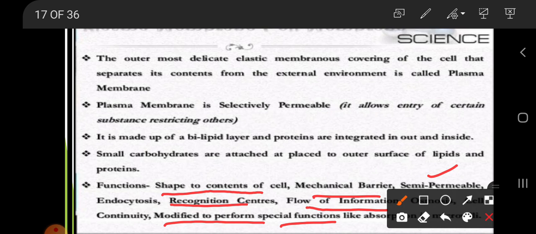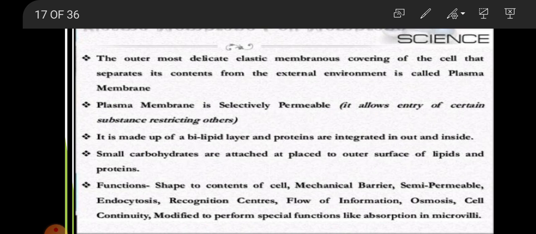The osmosis and diffusion concepts we are going to learn in the next class. Until now, keep studying all the points we have discussed; these are all important for 2 marks. So these are some functions of the plasma membrane.